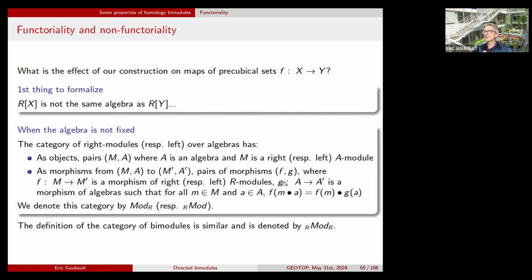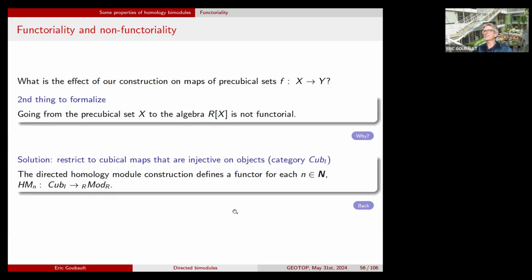This is the change of algebra map, and it has to agree with the action, so that it defines the right sort of transformation of modules of algebras. Okay, so that's going to be my category of modules of algebras where the algebra is not fixed.